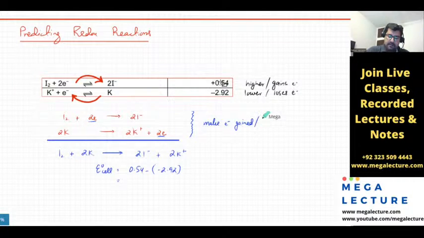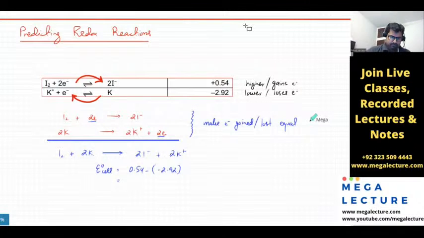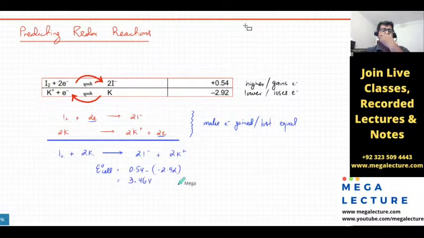One second. अच्छा, 3 point. I was getting 3.46.